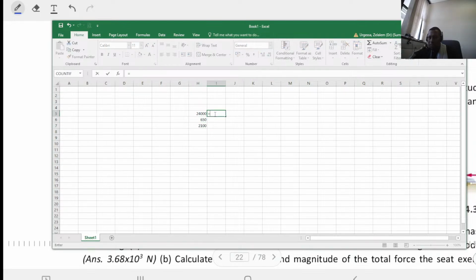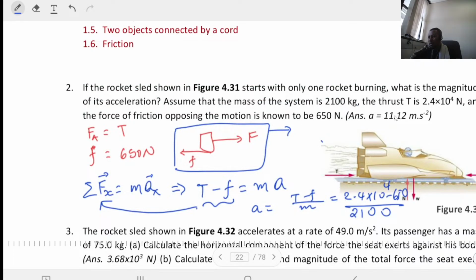The acceleration must equal the first one minus this one, in brackets, divided by the mass. This is what you do with your calculator too. This must be 11.11 or 11.12 meters per second squared. You see, correct. It's easy actually, 11.12 meters per second squared.